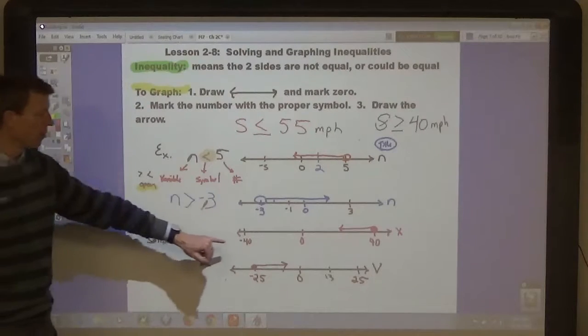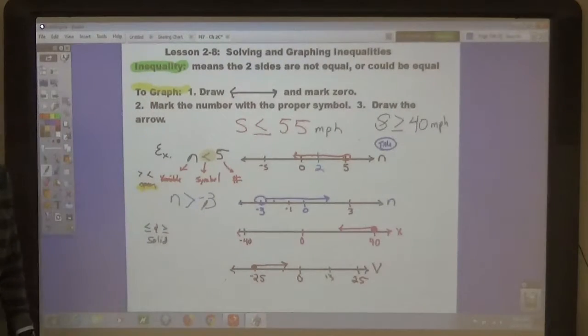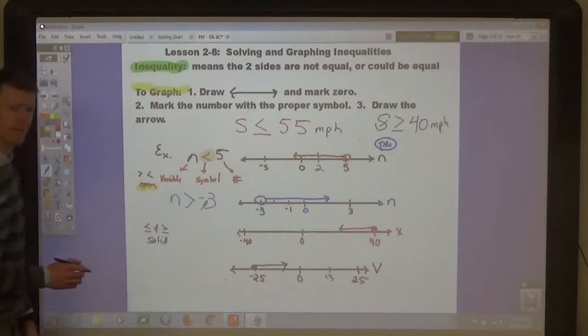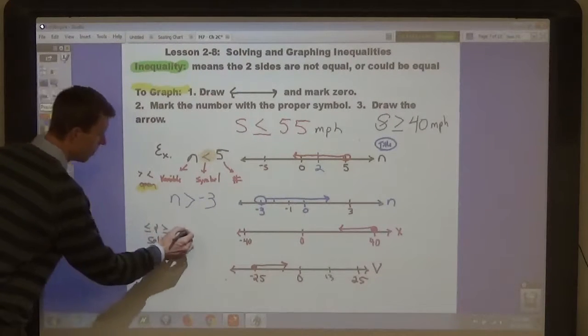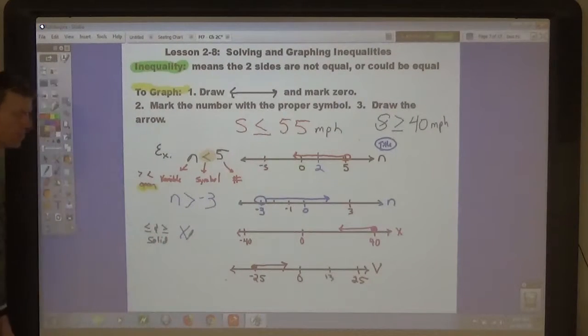Armand, what does this one show? What's the variable? X. Yep. Which way is it shaded? Left or right? Left.